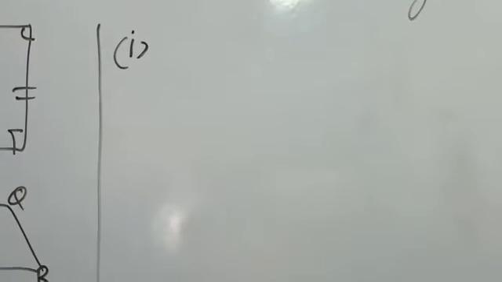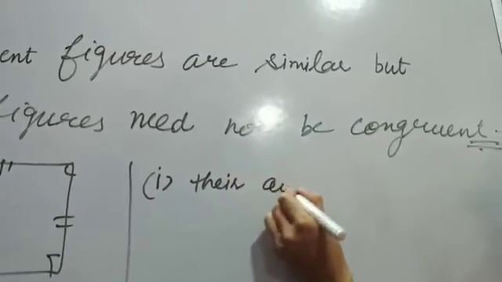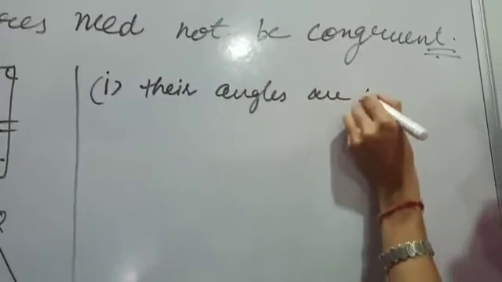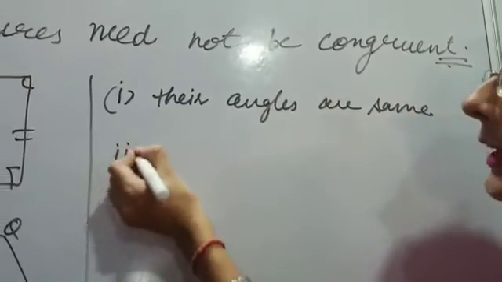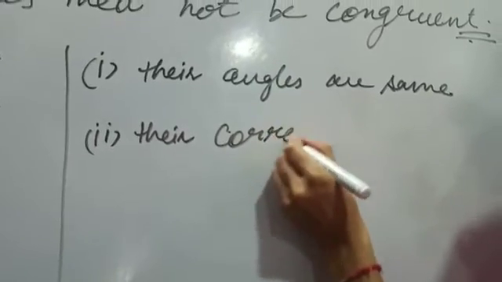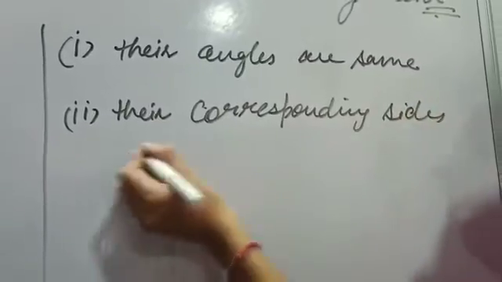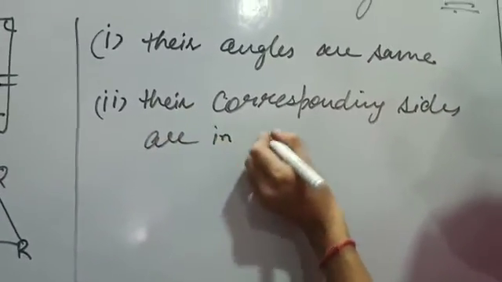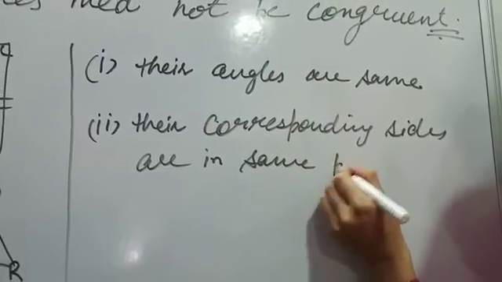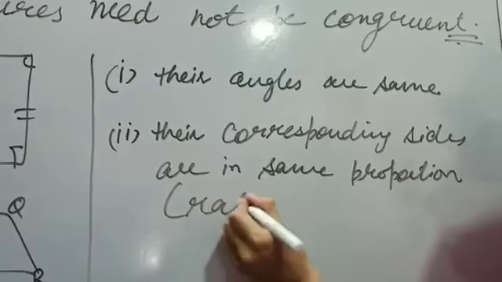If there are any two polygons, there must be two rules. First rule is their angles are the same. Second is their corresponding sides are in the same proportion, or we can say in the same ratio also.